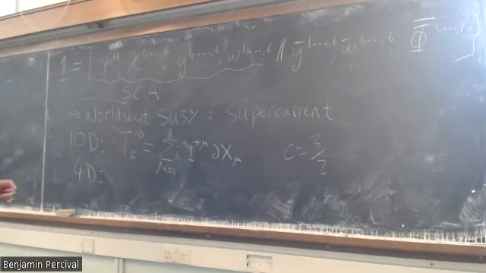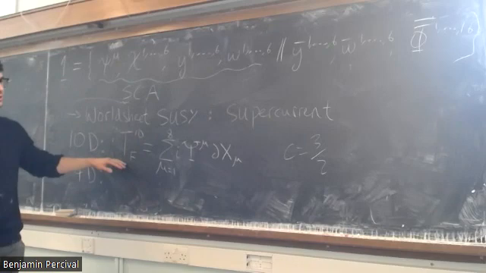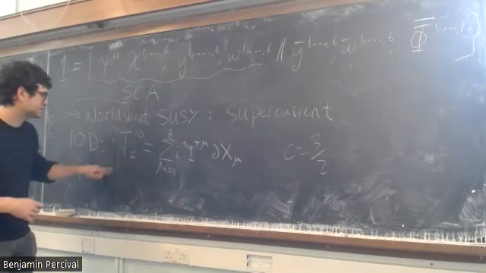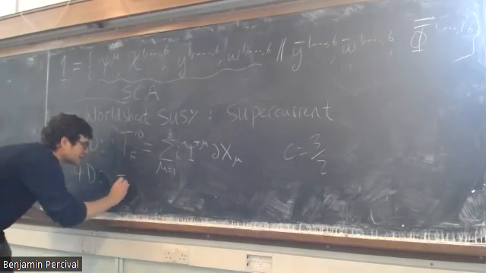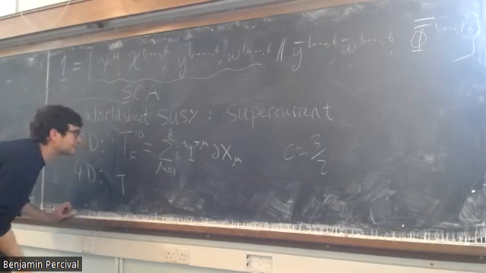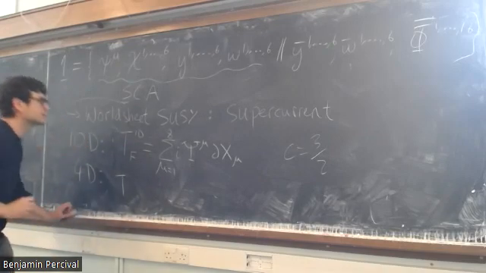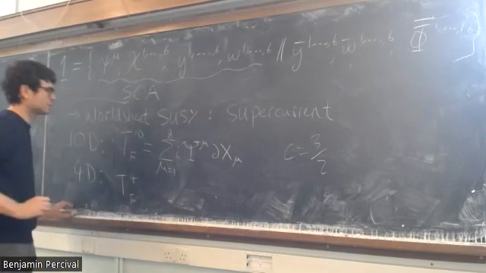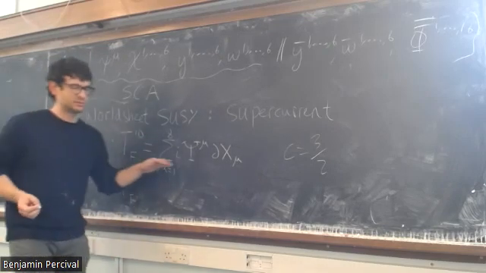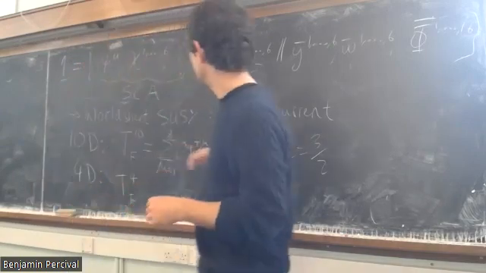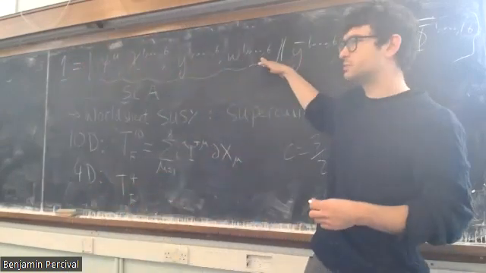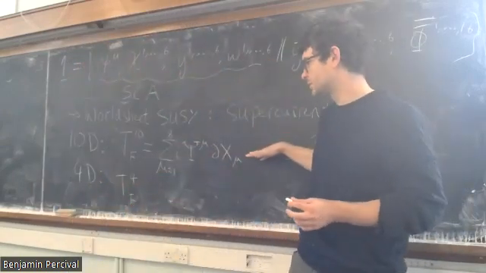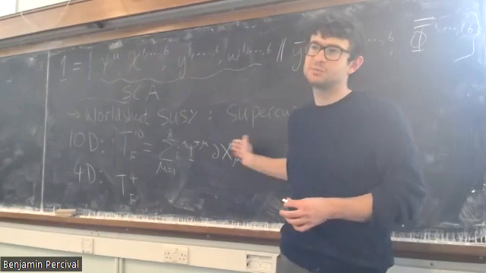But basically, in order to get worldsheet supersymmetry, you have to ensure that there's the following. Let me just rephrase what I said here. In order for the theory to be worldsheet supersymmetric, this supercurrent has to be preserved.